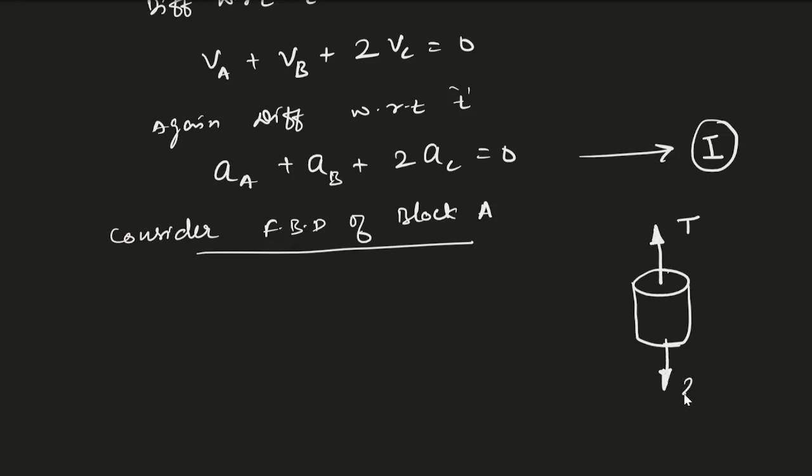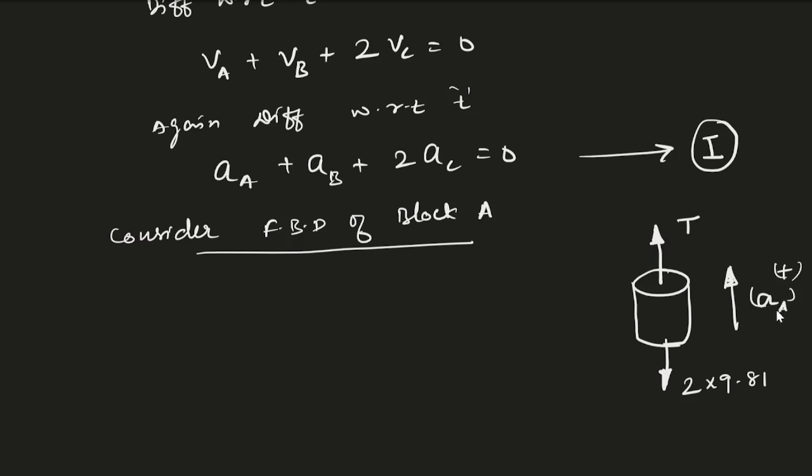This is 2 kg, so I'm converting into Newton: 2 into 9.81. Now I'm assuming all the accelerations upward, so positive value.